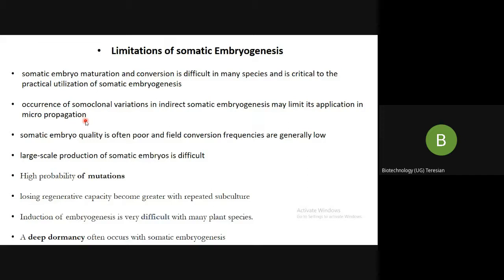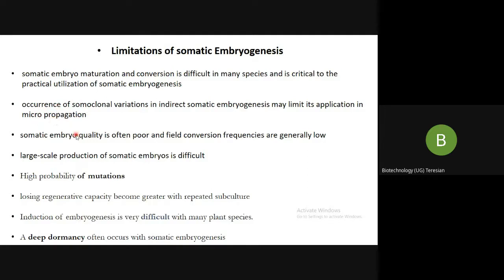If I have A1 to A100, they should all resemble the A plant. But if there is somaclonal variation when you are developing indirect somatic embryogenesis, obviously this is a drawback. You cannot propagate the plant.